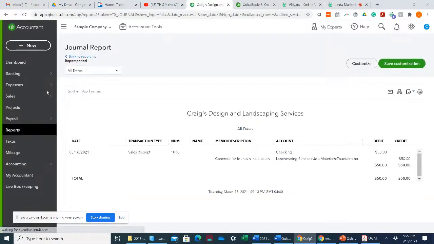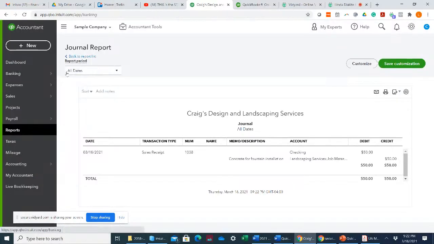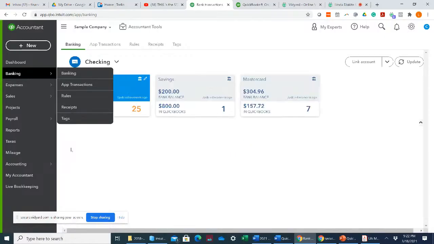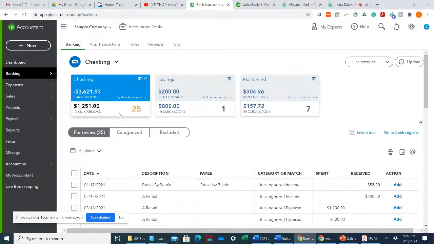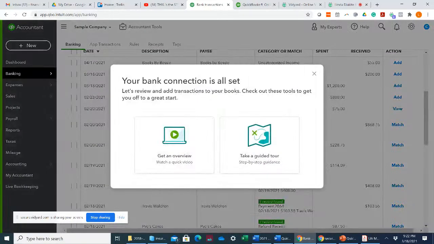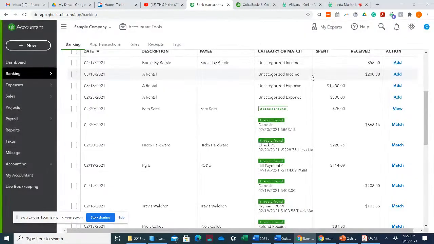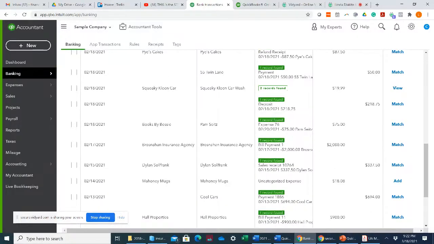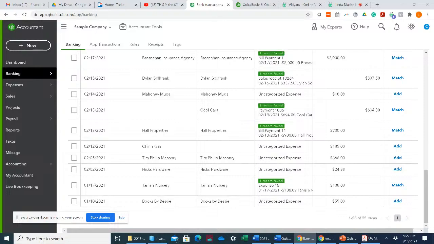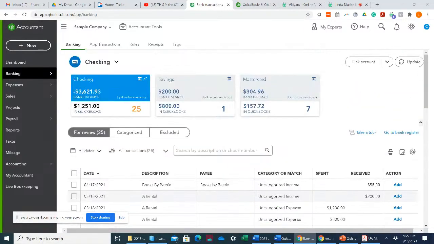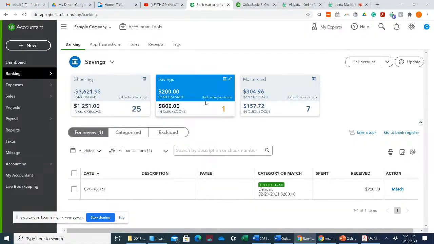Now, let's talk about transfers a little bit more. So I'm going to go over to the banking section. So transfers, and let's see if I can find a good example that possibly could be a transfer. Well, let me go here to the savings account.